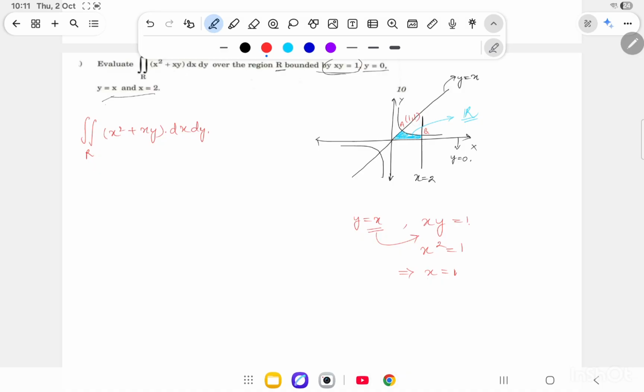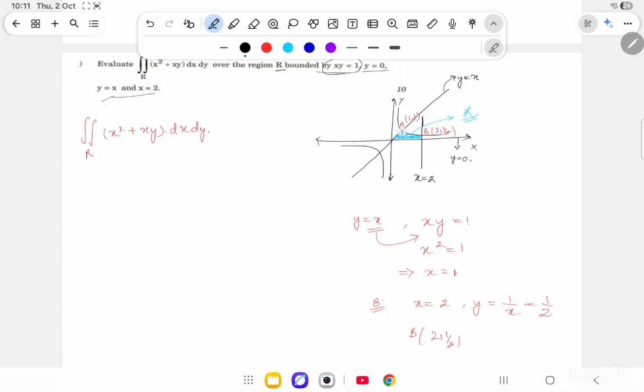Likewise, at point B, x equals 2, so y is basically 1 by x, that is 1 by 2. So B is (2, 1 by 2). Now let's evaluate the integral.